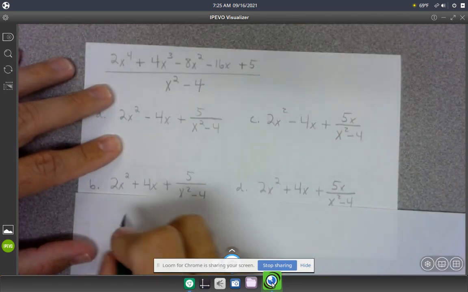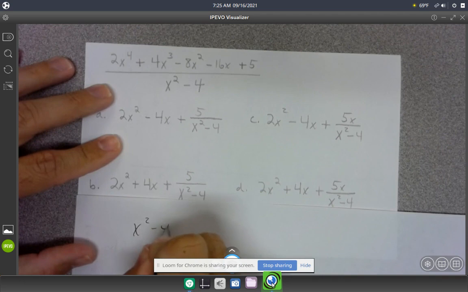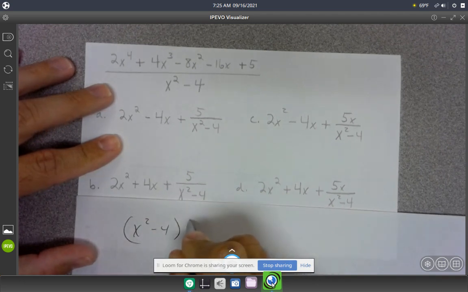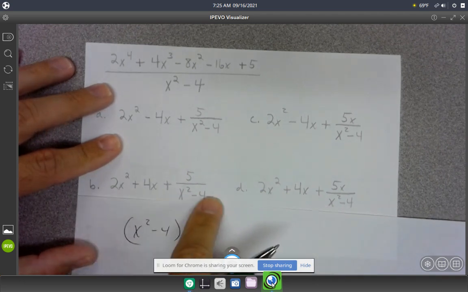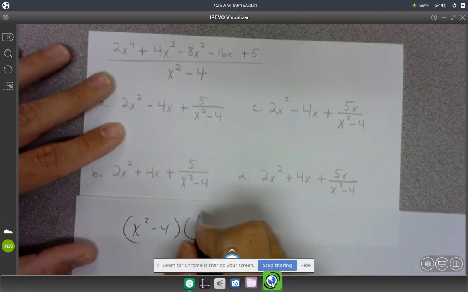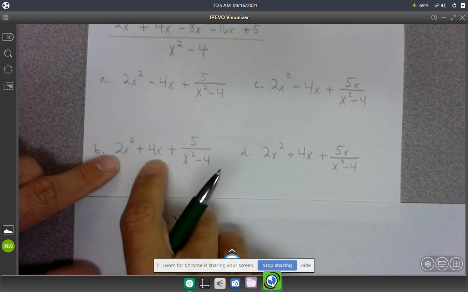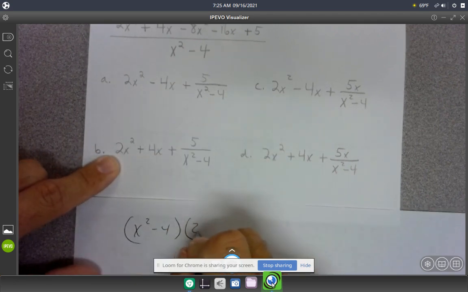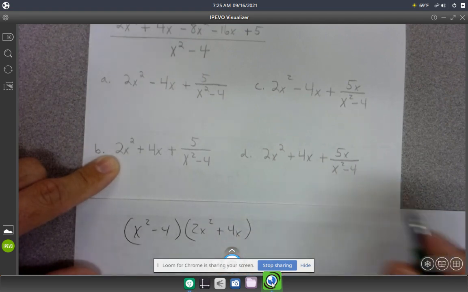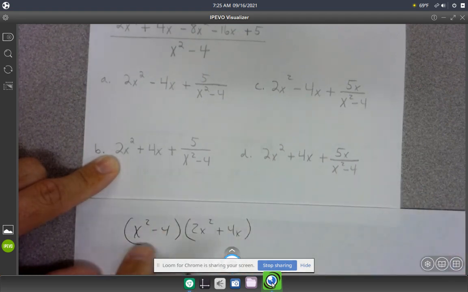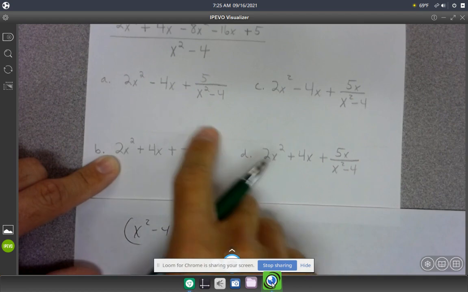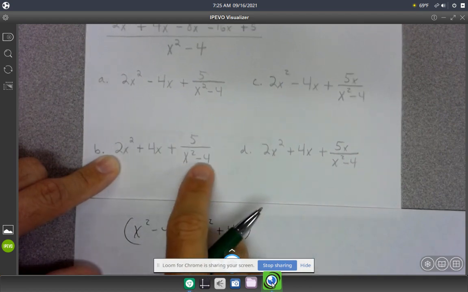I'm going to do my divisor, x squared minus 4, multiplied by all of this stuff. The way it's going to work out is x squared minus 4 just times this piece, 2x squared plus 4x, and then x squared minus 4 times this piece, which just cancels out that denominator.